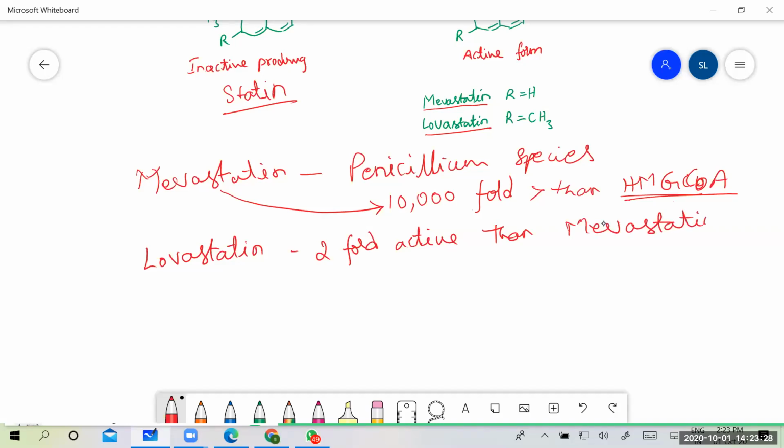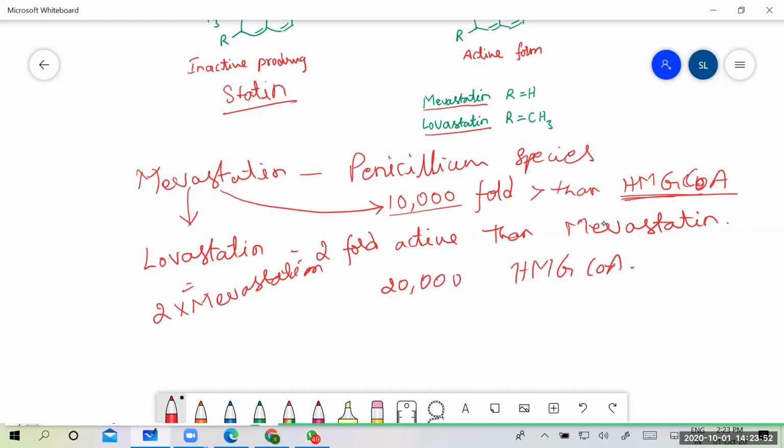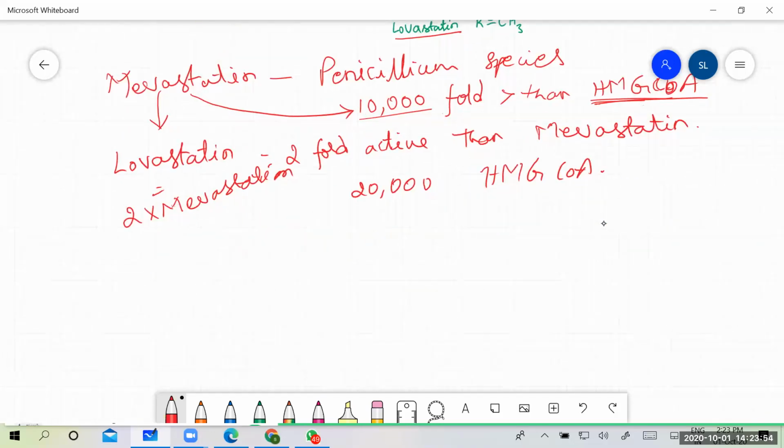Now if you compare, the affinity of myostatin is 10,000 fold with respect to HMG CoA, and we are telling that lovastatin is equal to 2 times of myostatin, then the affinity must be 20,000 times more than the HMG CoA. So by this we can say lovastatin is more potent than the myostatin.